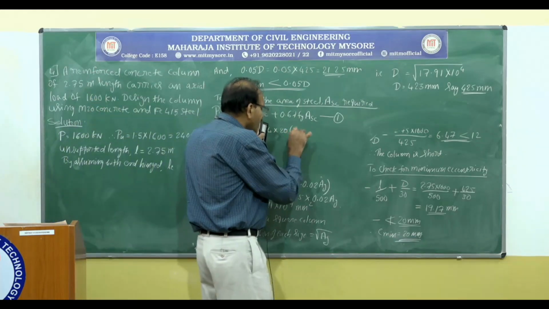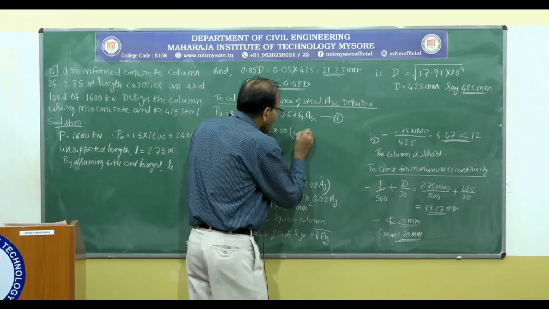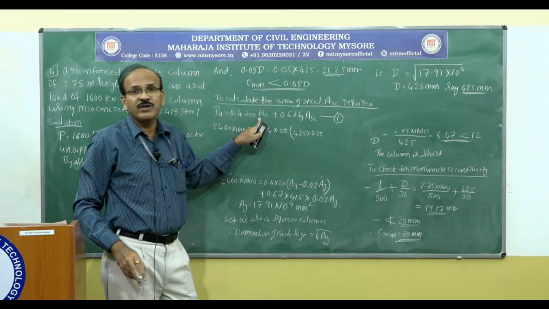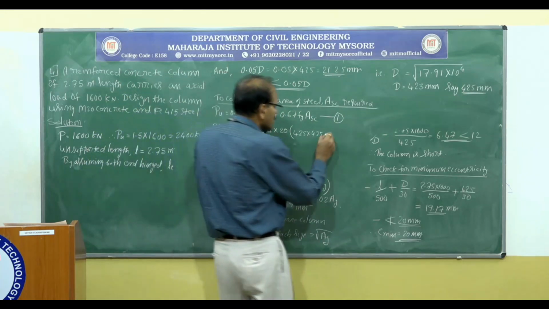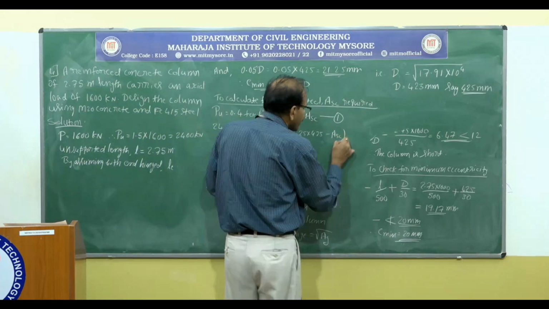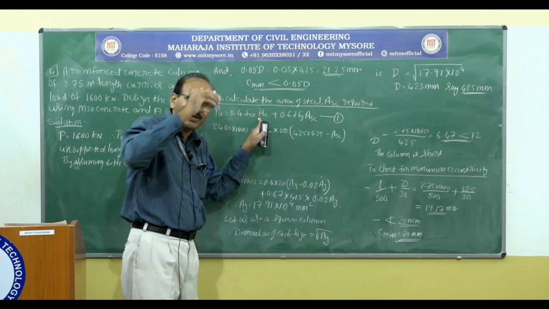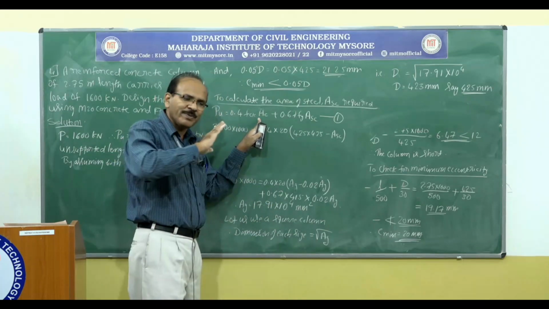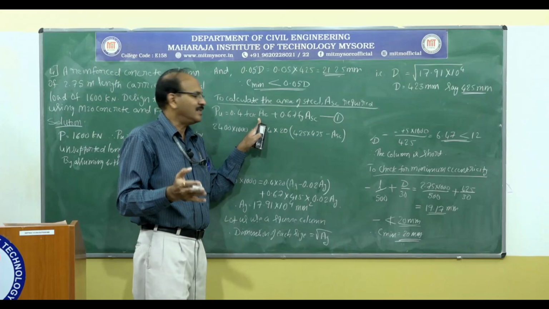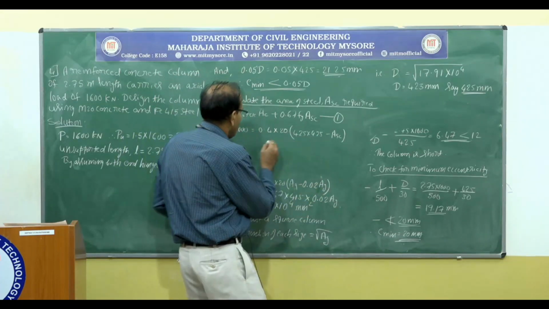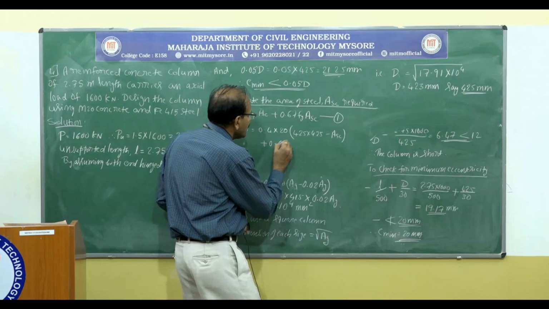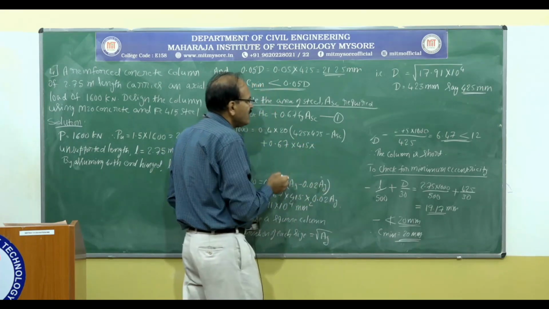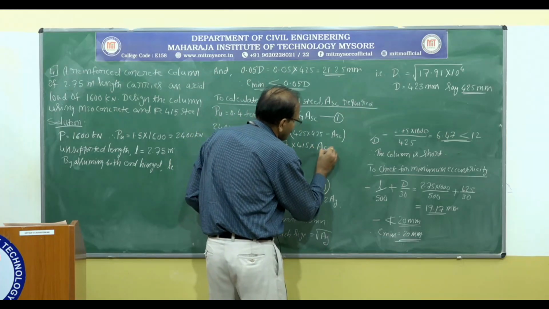Area of concrete is the gross area of the section, that is 425 by 425, minus the area of compression steel. We need to deduct the area of compression steel because we are going to embed steel into concrete, so that should be taken out in the calculation. Plus 0.67 into 415 into ASC is ASC.